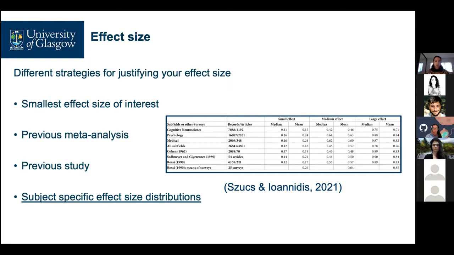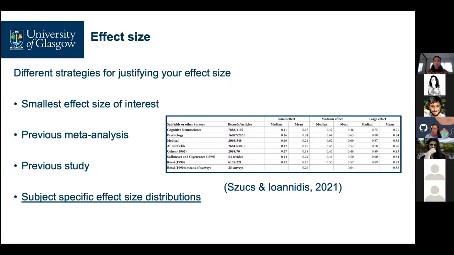It's better, if you are going to go down this route, to have subject-specific effect size distributions. That means instead of very generic ones, look for what would be useful for your study. For example, Quintana, one of the authors we talked about previously, has one specifically for heart rate variability studies. This one on the screen is about cognitive neuroscience.